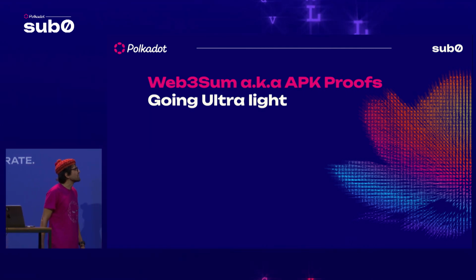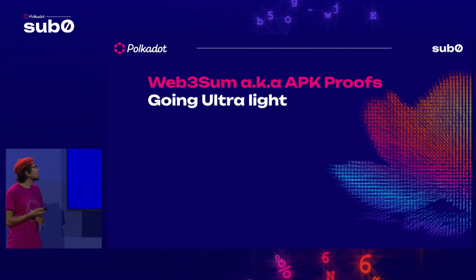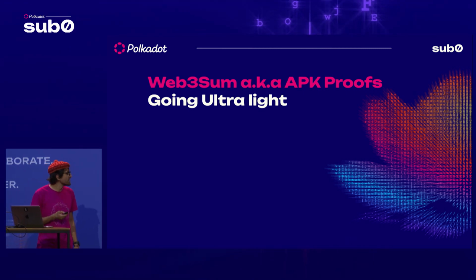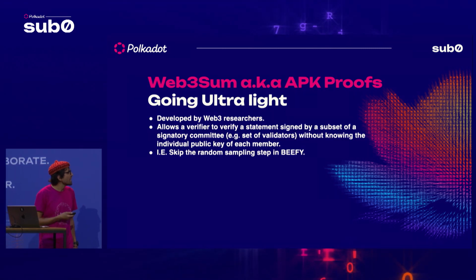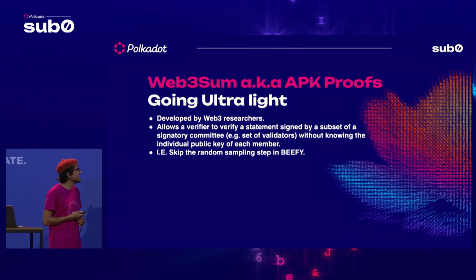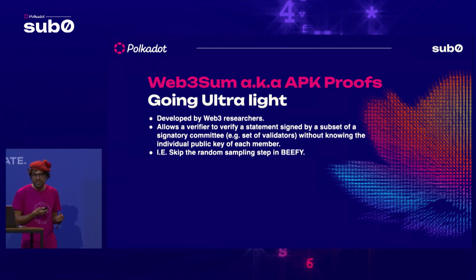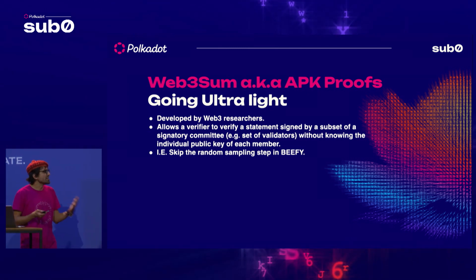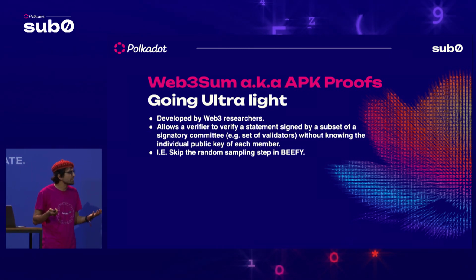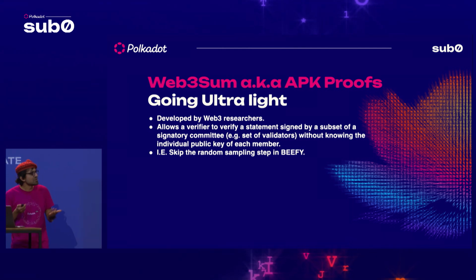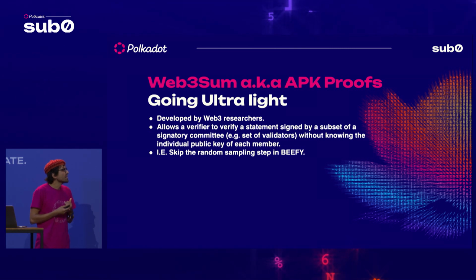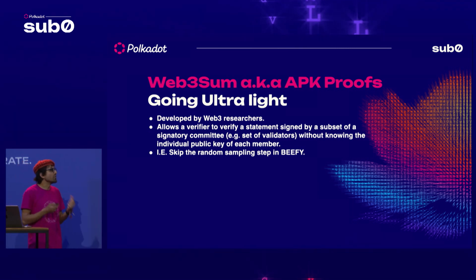Because of that, we came up with this new approach, which uses a protocol called Web3 Sum, developed by a Web3 Foundation researcher. It is a generic protocol which allows somebody to verify a statement that is signed by a subset of a signatory committee, which here is the validators, but could be anything, without knowing the individual public keys of the committee.